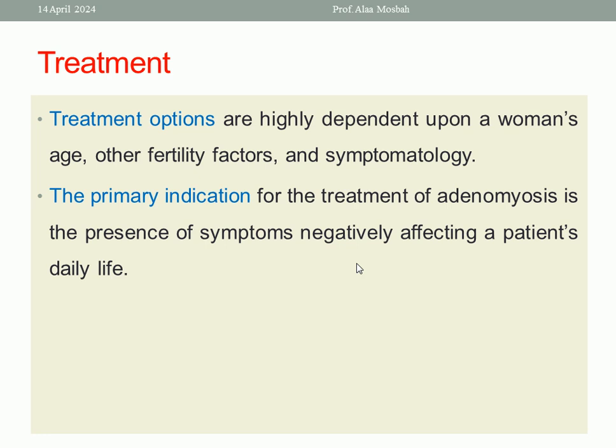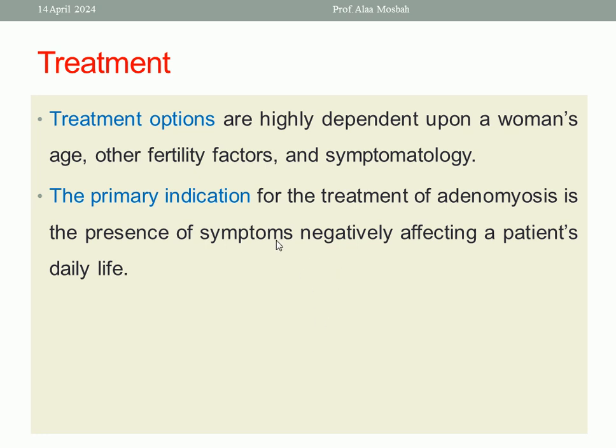So, symptomatic or not? She is young or she is older than 50 or 50 years old and so on, or she is young, childbearing age. So the age is important, and symptoms, of course, important.